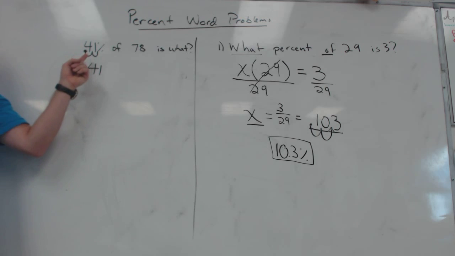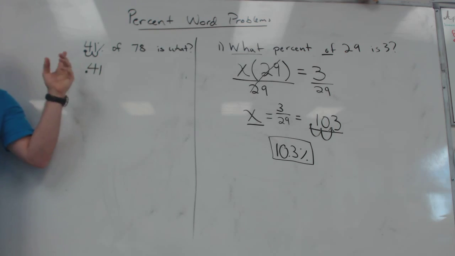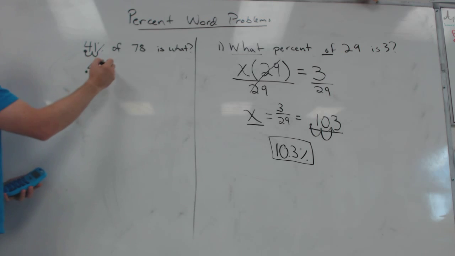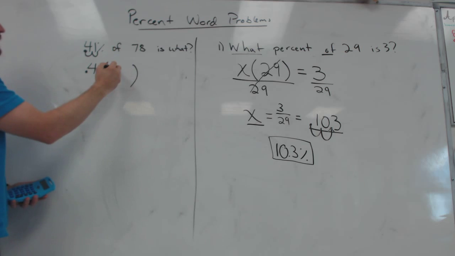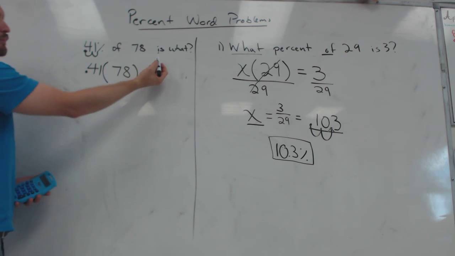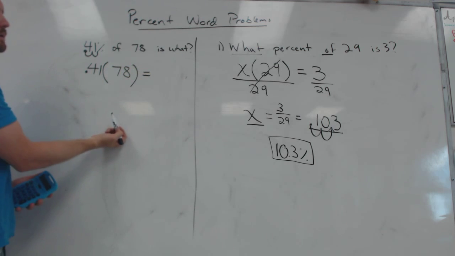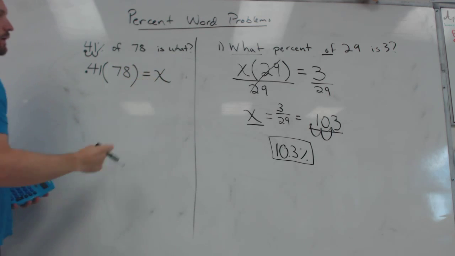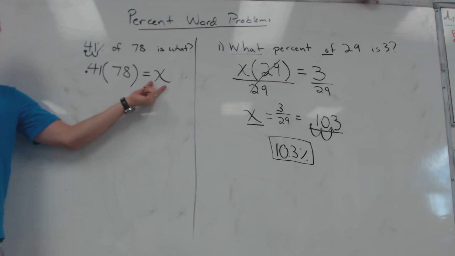So 41% is 0.41. Of, we said of is always times. We'll show times with parentheses. Of 78. So that's what goes in the parentheses. Is equals what? X. The beautiful thing about this problem, we don't have to divide or anything.